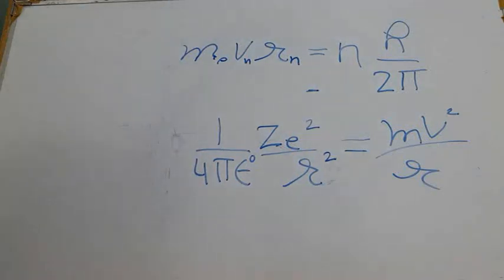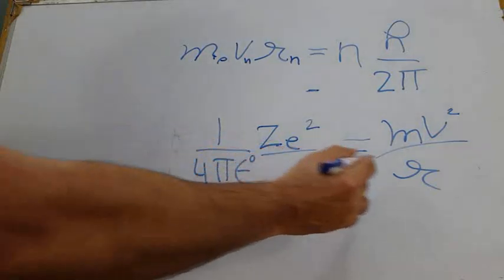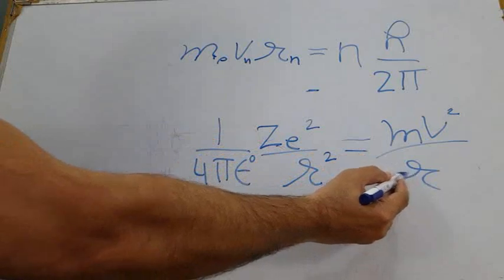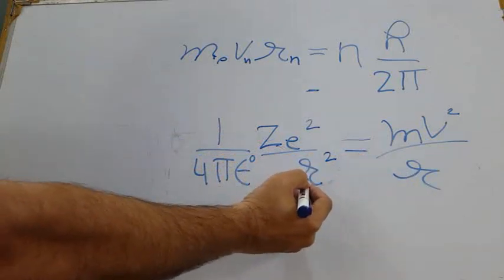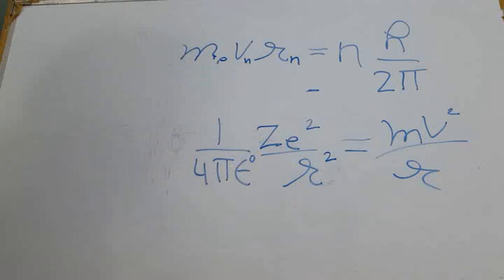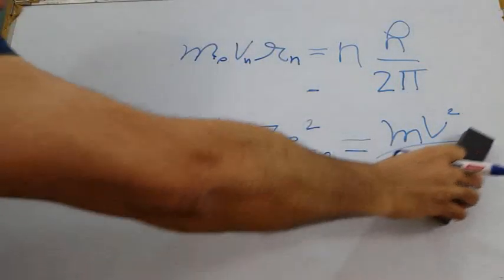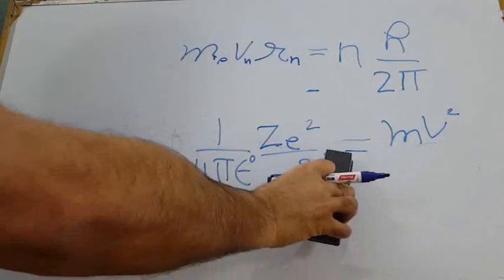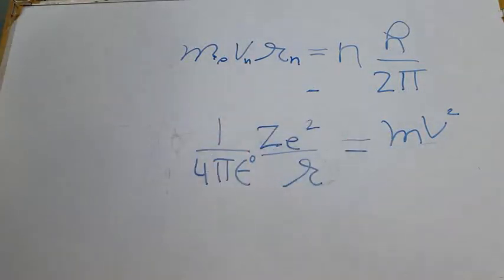Is that clear? Simply we are putting values here. Here it is r square, therefore it should come out to be mv square is equal to this much.